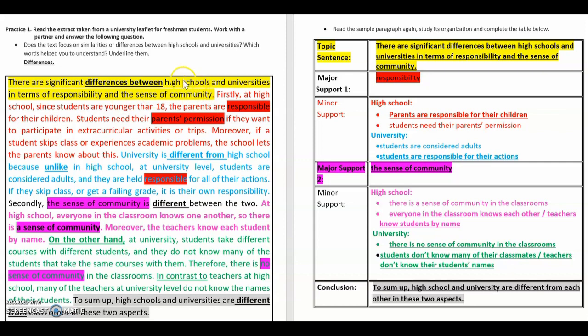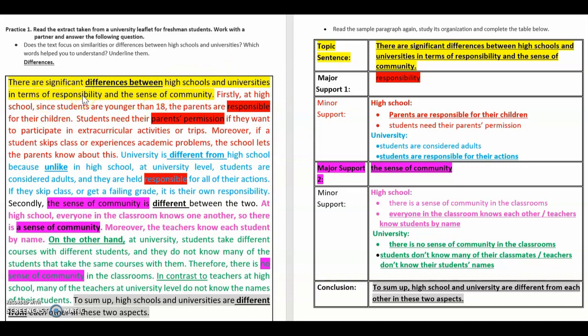So, what's the topic in general? High schools and universities. Am I going to talk about their advantages? No. Am I going to talk about their similarities? No. I'm going to talk about the differences. So, this is my controlling idea and this is my topic. And in terms of responsibility and the sense of community.